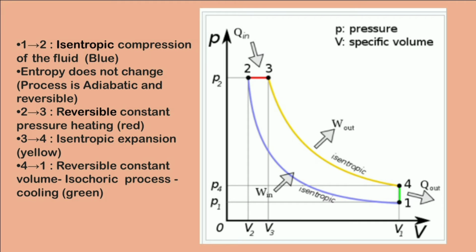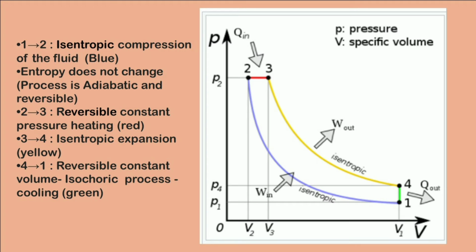This produces usable work. Heat out, represented by Q out, is from venting the air out. Therefore, the net work produced is equal to Q in minus Q out.